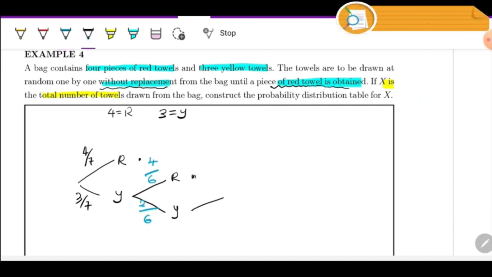Continue if you get a yellow towel for the second draw. For third draw, we could get either red or yellow. So the total space becomes 5. The probability of getting a yellow towel for third draw is 1 out of 5 and red towel is 4 out of 5.